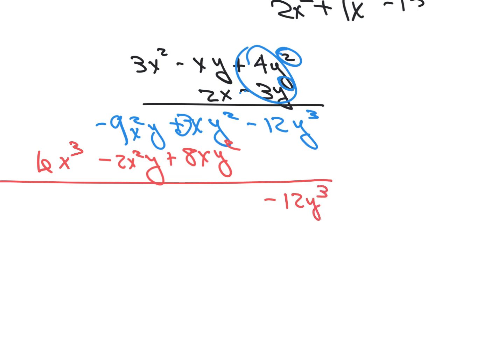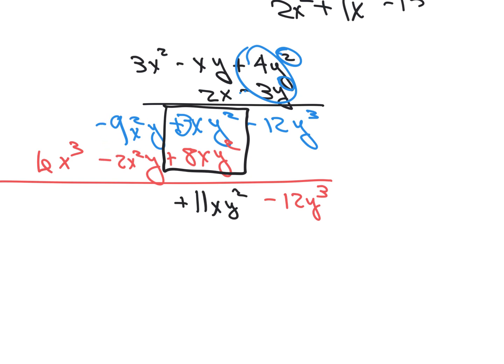This here, I'm going to add those together because I have an x with the same exponent and a y with the same exponent, so I can combine these two, and that will be 11xy squared. Now I'm going to add these.